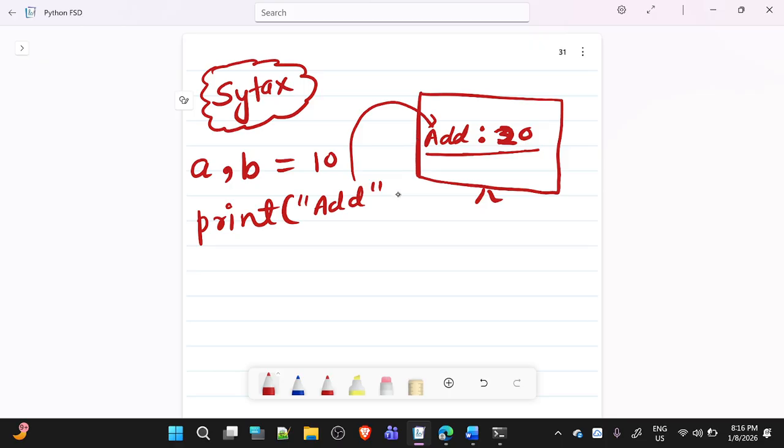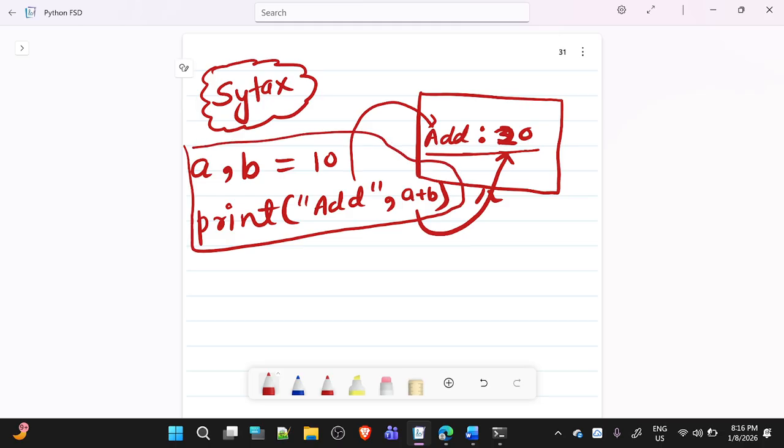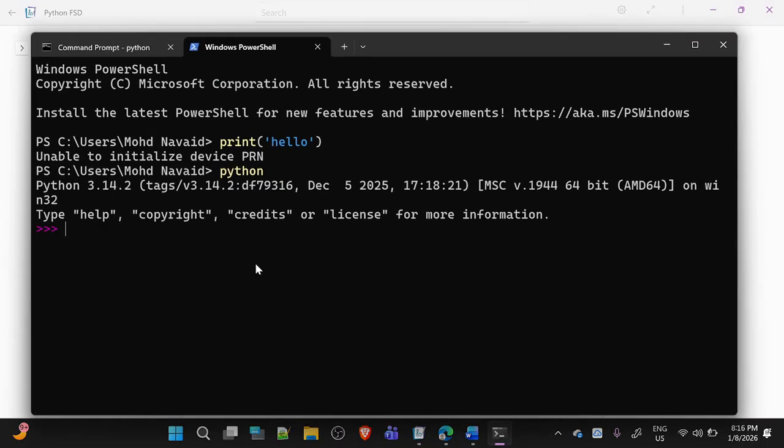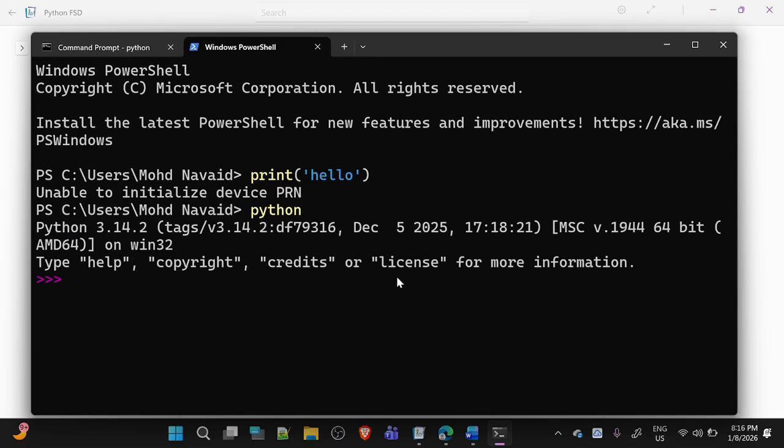Then I will write A plus B, so A plus B will be the result printed here. So I am following a certain syntax. Let me show you as well. If we do not follow the Python syntax, we will not be able to execute the Python code. So in programming, we follow syntax. Each programming language has its own syntax.